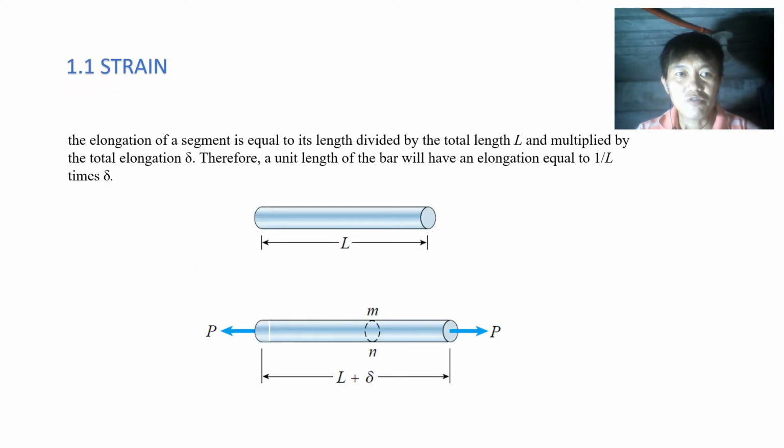Next, we go to strain. Strain is the elongation of a segment equal to its length divided by the total length L and multiplied by the total elongation. Therefore, a unit length of the bar will have an elongation equal to 1 over L times the total elongation.